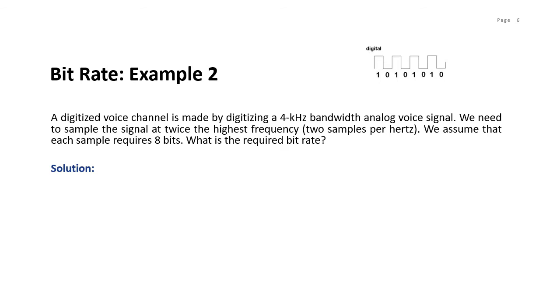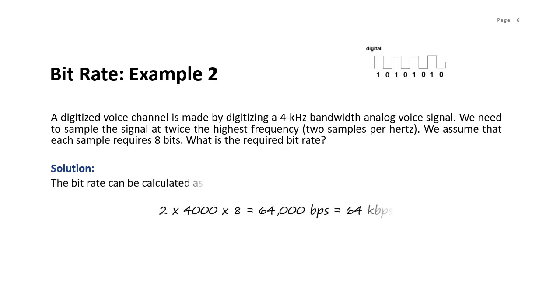Again, we can calculate the bit rate by multiplying 2 times 4000, which is the sampling rate, by 8 bits. In this case there's only one channel, so we multiply by 1, but it's not written here. And then it will be equal to 64 kilobits per second. Again, be careful with the units. You can check it here.